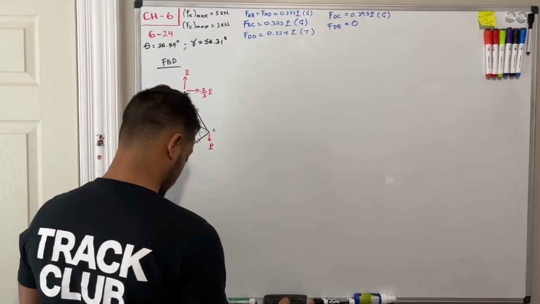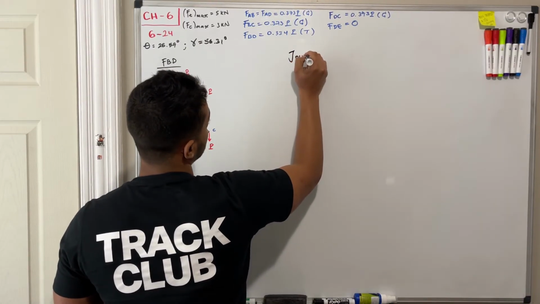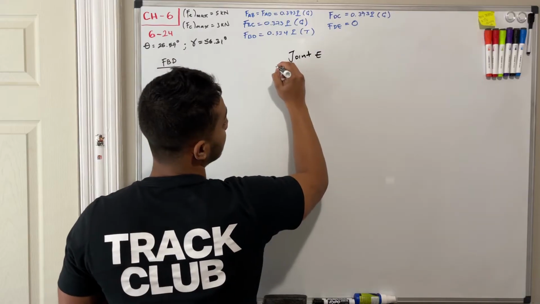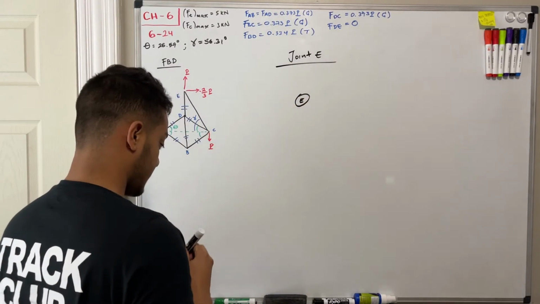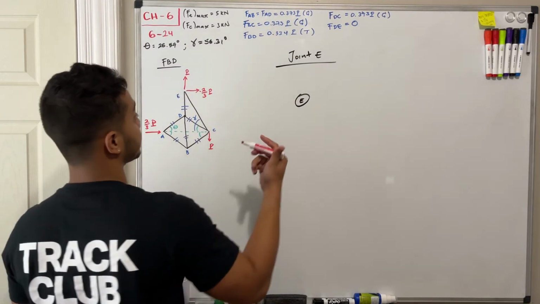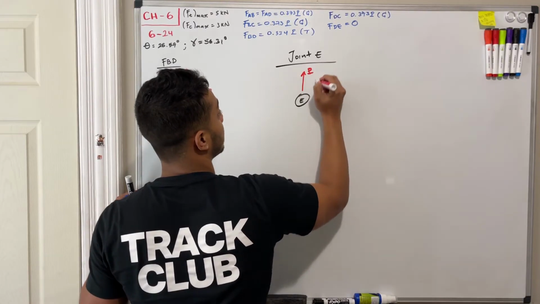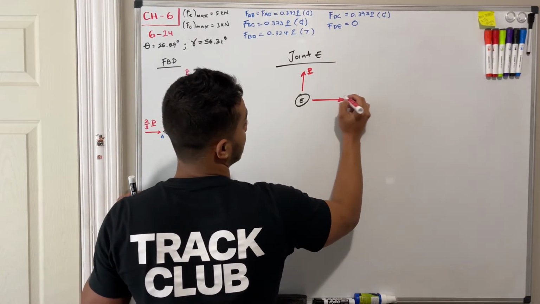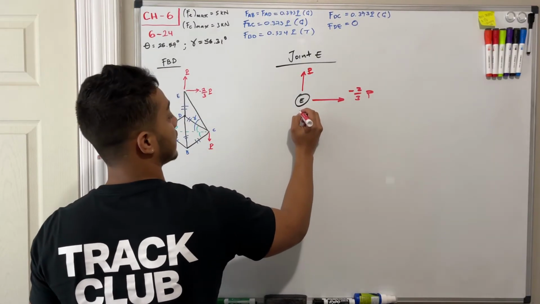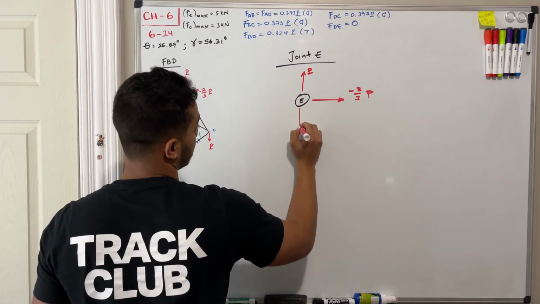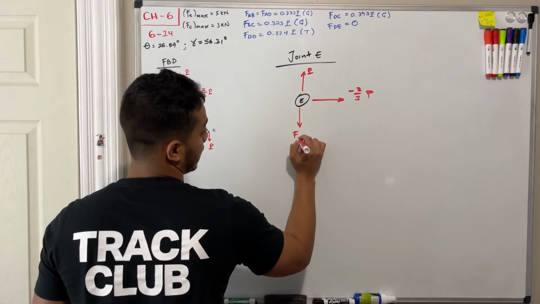just to make some room, and we're going to do joint E. So joint E, and what do we have for my joint E? For this guy, we got positive P going up. We got over here negative 2/3 P. Then we got my force DE.